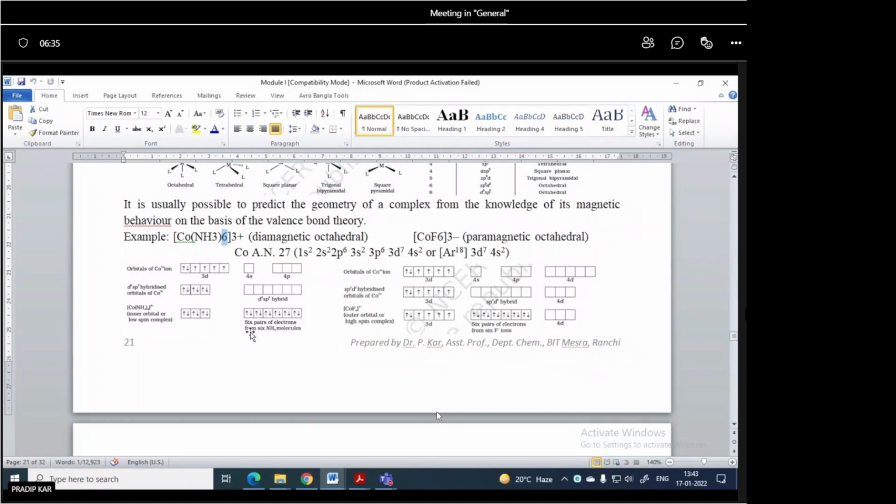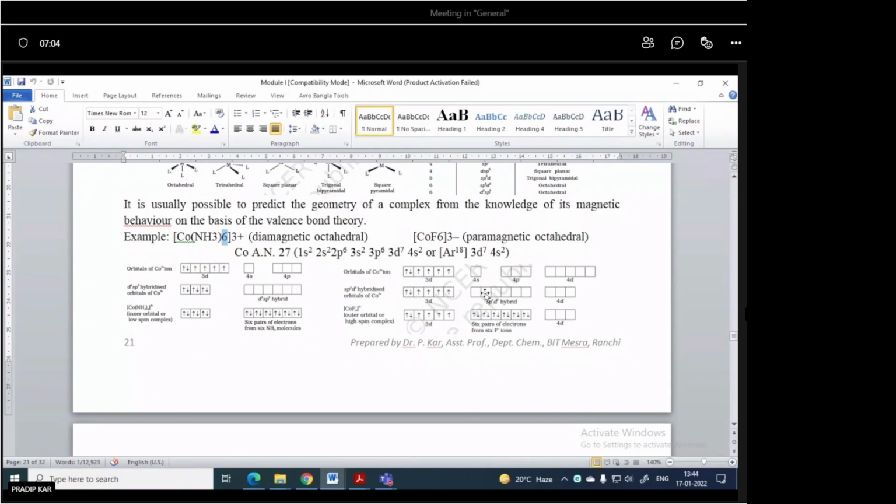So in case of F-, the Co will use the outer d orbitals. So here we are drawing 3d, 4s, 4p and vacant 4d. Now to get the 6 orbitals, s and p having the 4, and it is taking another 2 from 4d. So in total we are getting sp3d2 hybrid orbitals.